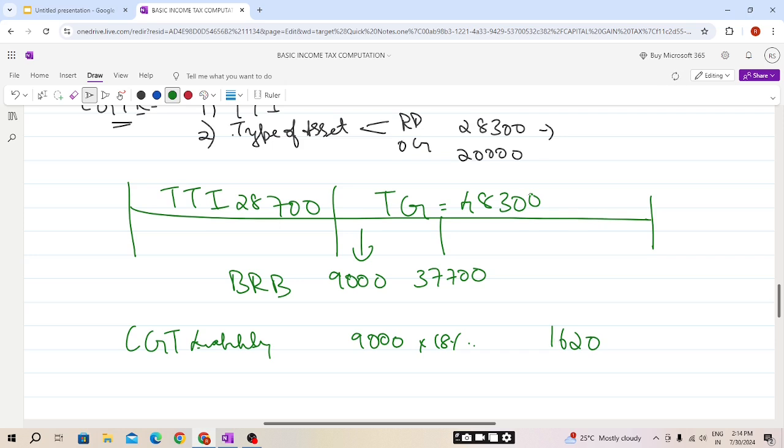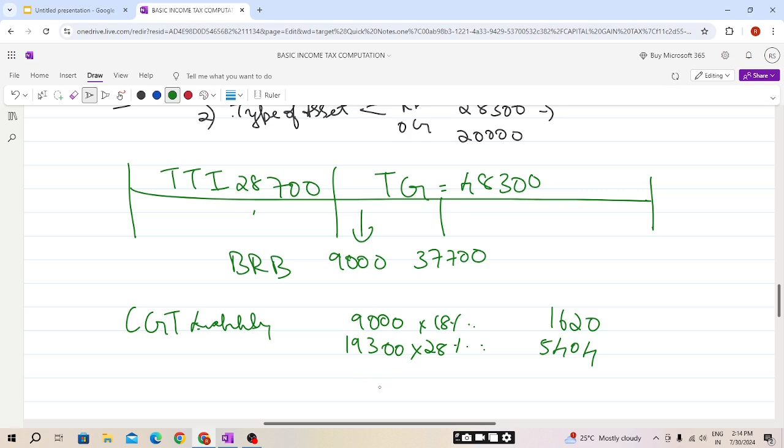Then the remaining is 28,300 minus 9,000, which is 19,300, into 28%, which is 5,404. Then for other gains, it will be 20,000, and as our basic rate band has already been consumed, it is the higher rate, so 20%.